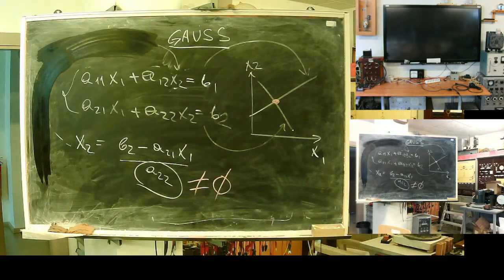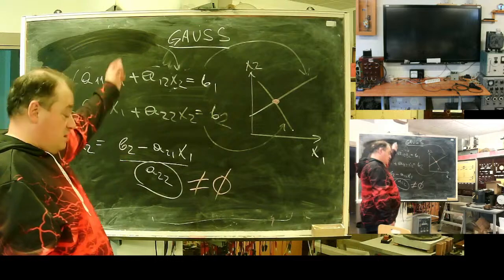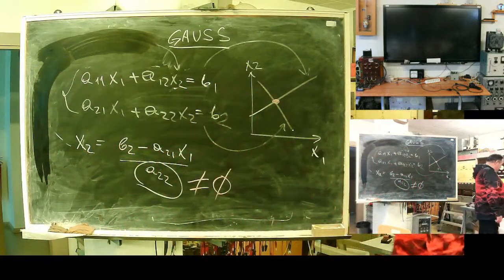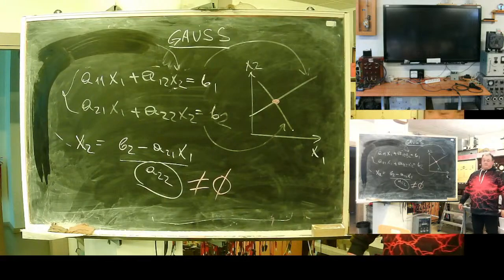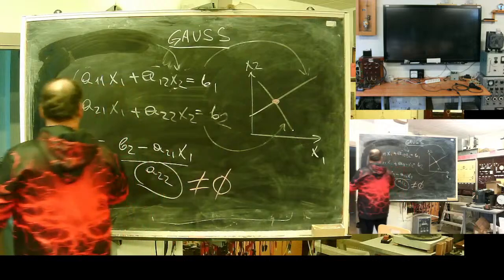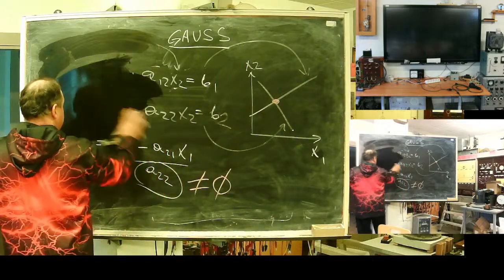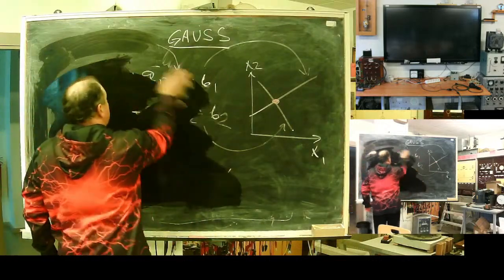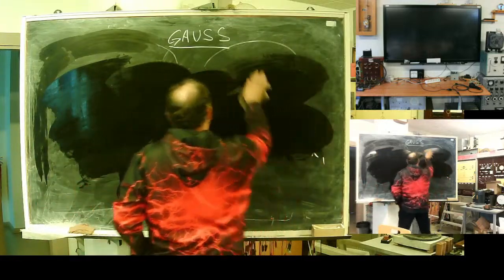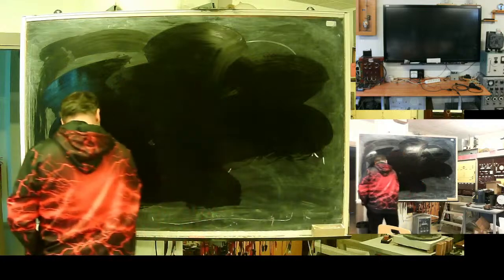But that's not all. Actually, the problem is deeper. Gauss solution has two main steps.